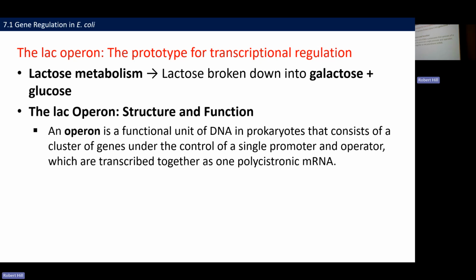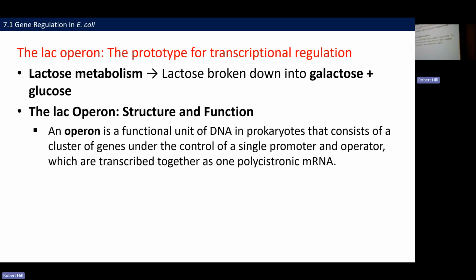All right, so a little bit about lactose metabolism. Lactose, which is a milk sugar, gets broken down into two monosaccharides, which are isomers, galactose and glucose. Right? And an operon is a collection of genes.